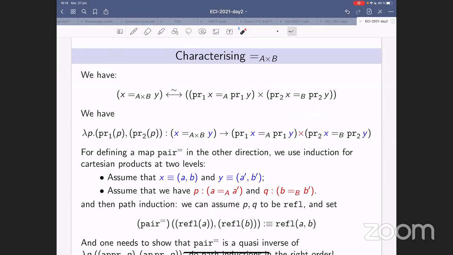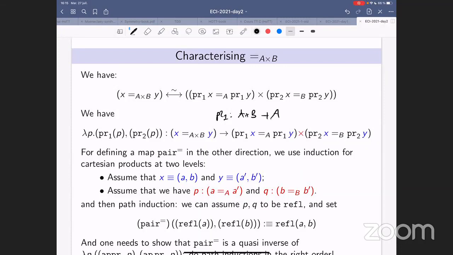So we have to define these functions. In this direction here, it's easy. You take a P of this type, and because PR1 and PR2 go, maybe I should write it, PR1 goes from A times B to A, hence it is a functor.